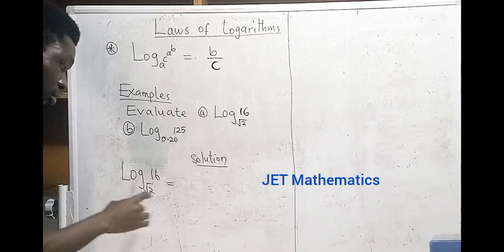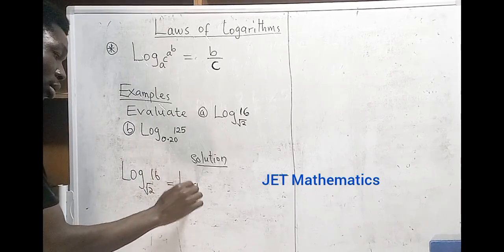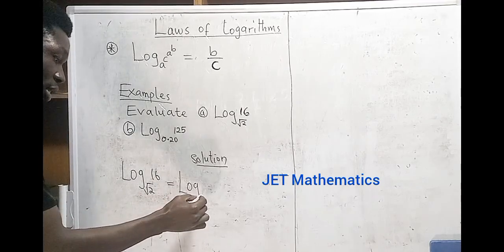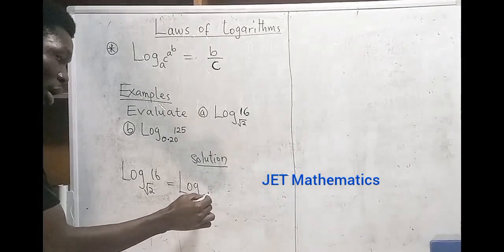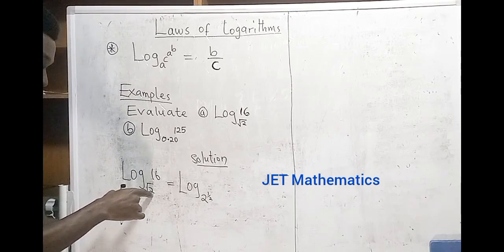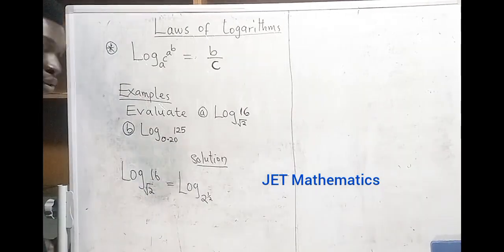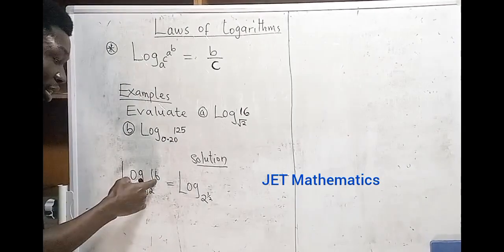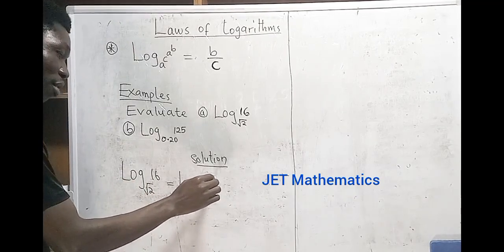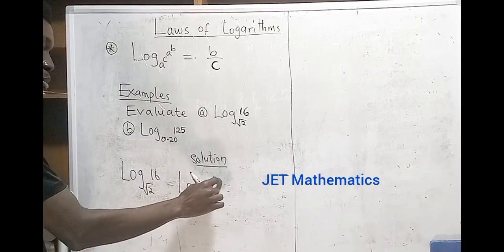We can write this again as log, and base root 2 is the same thing as 2 raised to the power of half. The square root of 2 is the same thing as 2 raised to the power of half from indices, you know that. Then 16 is the same thing as 2 raised to the power of 4.